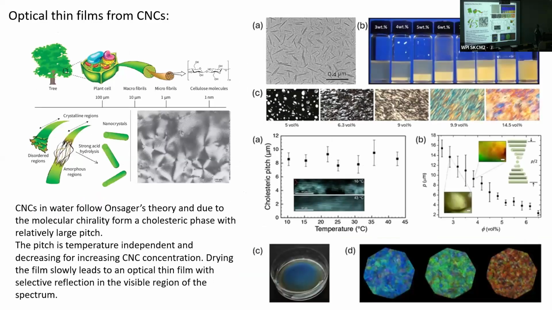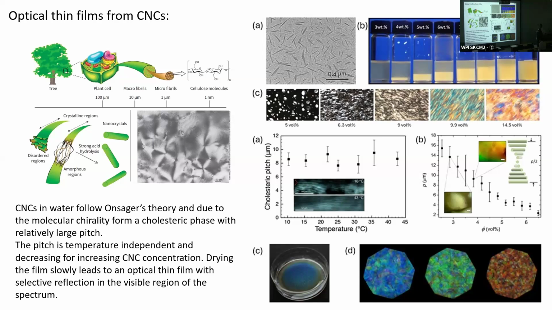Okay, so other optical thin films. That's getting us back a bit again to biology. So trees. We're starting out with a tree, and we're chopping this down all the way to cellulose nanocrystals. Right?